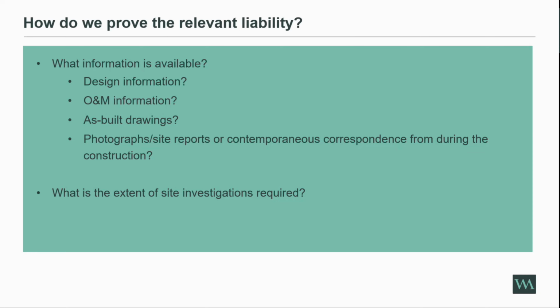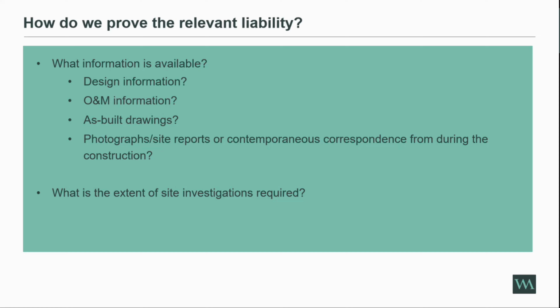And this basically depends on the circumstances, because if you have a situation where you have lots of as-built drawings, you've got loads of O&M information from the original construction, you've got a full suite of documents, you may or may not have photographs during the construction, but you've got a lot of information which you can use to analyse what the design was at the time, we can then probably say, okay, well, actually, we only need to do a modest amount of site investigations because we think we know what the design was.